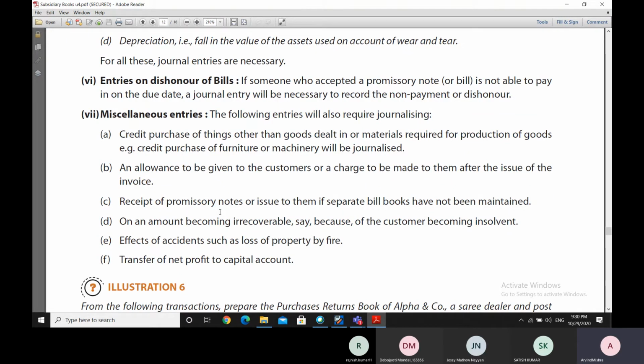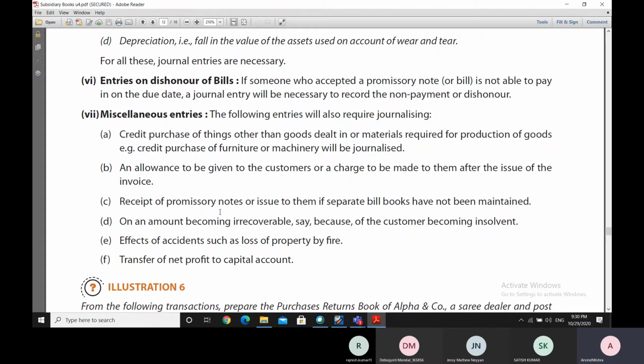Now, another reason when an entry is made in the journal rather than any other subsidiary book: when an amount becomes irrecoverable, it is no longer recoverable because the customer may have become insolvent. In that case, this must be entered in the journal.